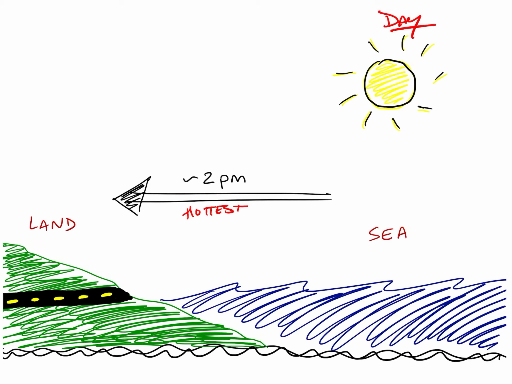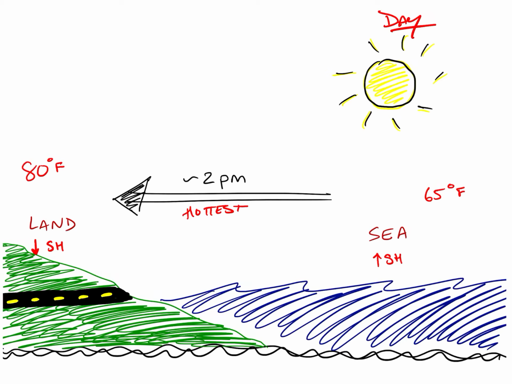That means that it changes its temperatures very easily. So let's just say the temperature of the water is 65 degrees Fahrenheit and the temperature of the land is 80 degrees Fahrenheit. All right, so now we have some temperatures, so let's figure it out.